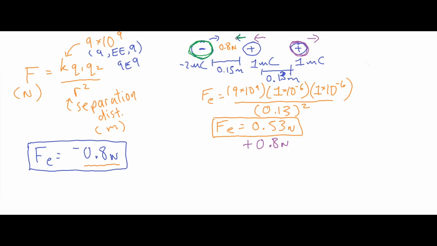That one's going to attract it to the left, and then the purple positive one is going to repel it to the left. So both of the forces acting on it are working in the same direction, so we would add them. If they were pulling it in opposite directions, we would subtract. So in that case, we would have a grand net force of 1.33 newtons to the left.